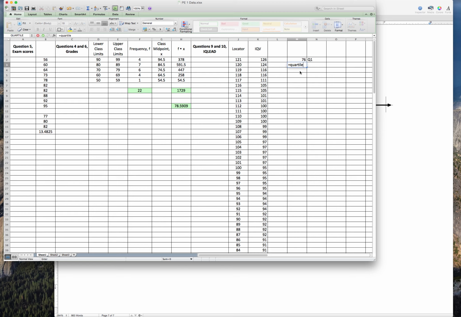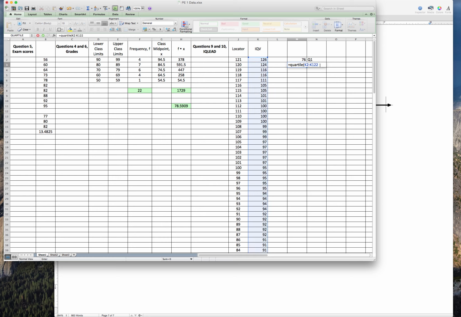It'll auto-complete some functions. Just type quartile, and then when you type your left parenthesis, it will prompt you for the data values. It'll tell you number or array, and so that's when you want to put in the array, the range of cells over which all of these values are found. In this case, it's K2 colon K122.